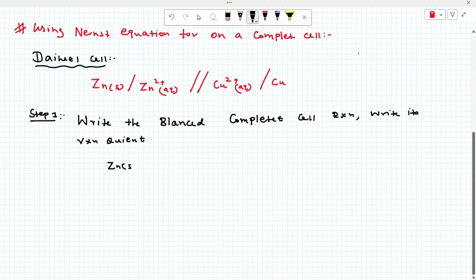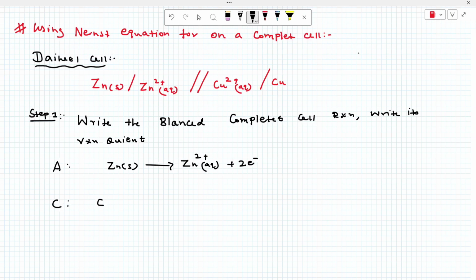Zn solid gives Zn2+ aqueous plus 2 electrons. So this is anode. Now what is cathode? It is simple, right? Cu2+ aqueous plus 2 electrons becomes copper solid. Yes or no?